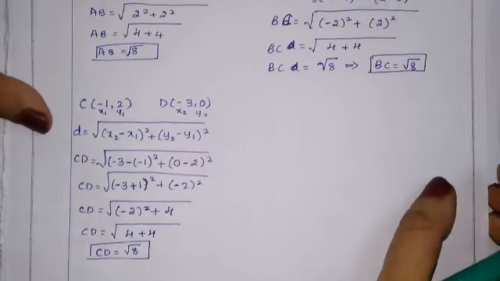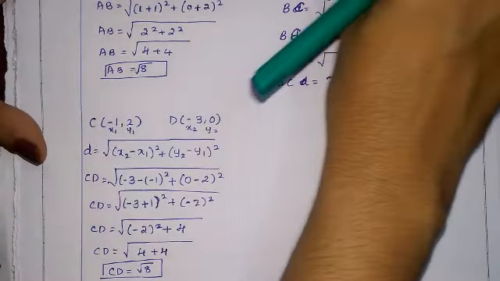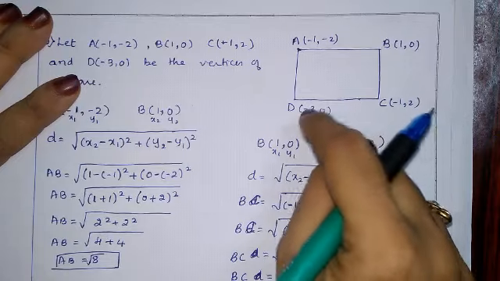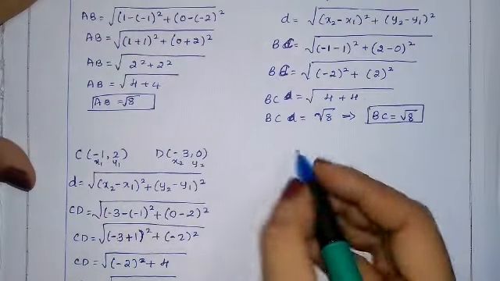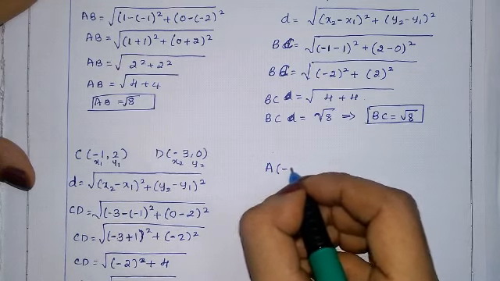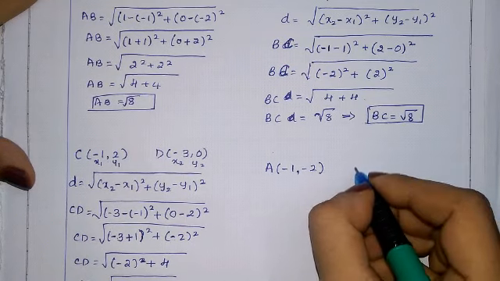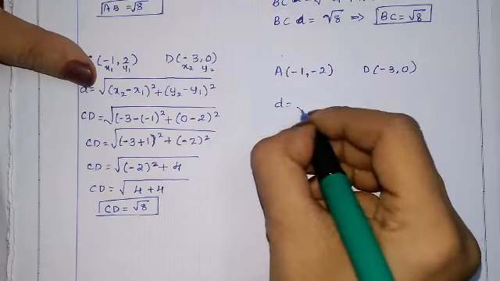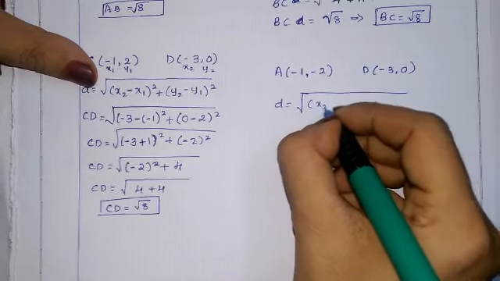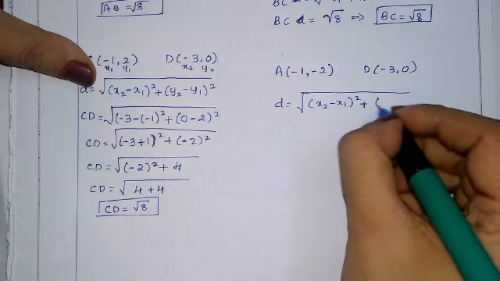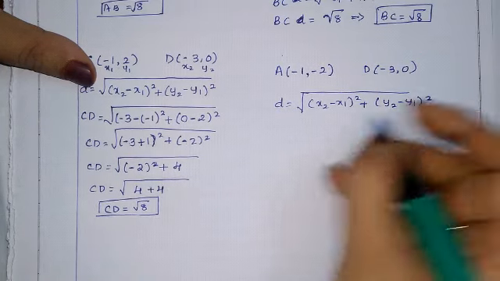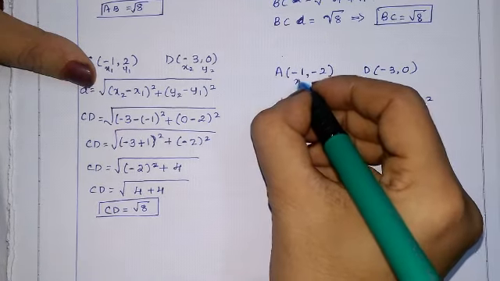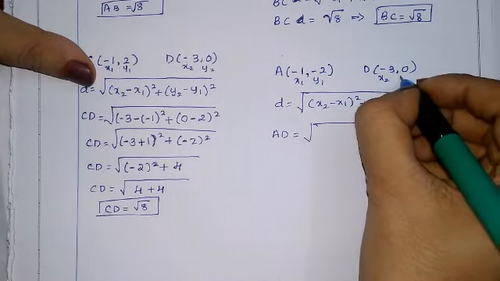Now the last one, what we have to find? AD. AB we finished, BC we finished, CD we finished. Now AD. A is (-1, -2) and D point is (-3, 0). Distance is root of (x2 minus x1) whole square plus (y2 minus y1) whole square. First point x1, y1, second point x2, y2.